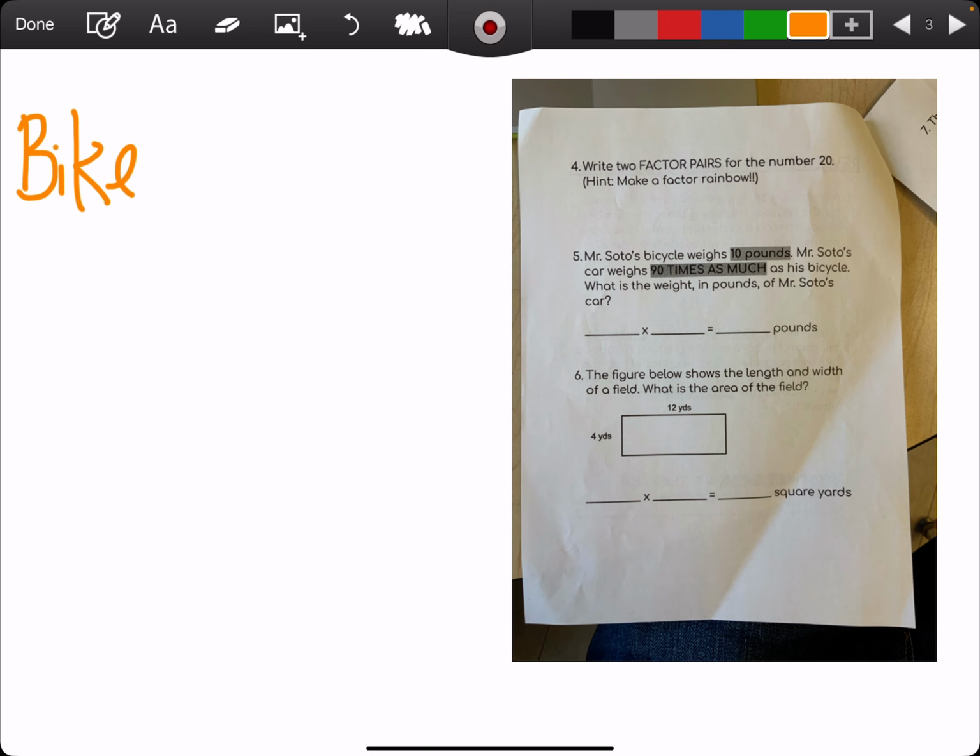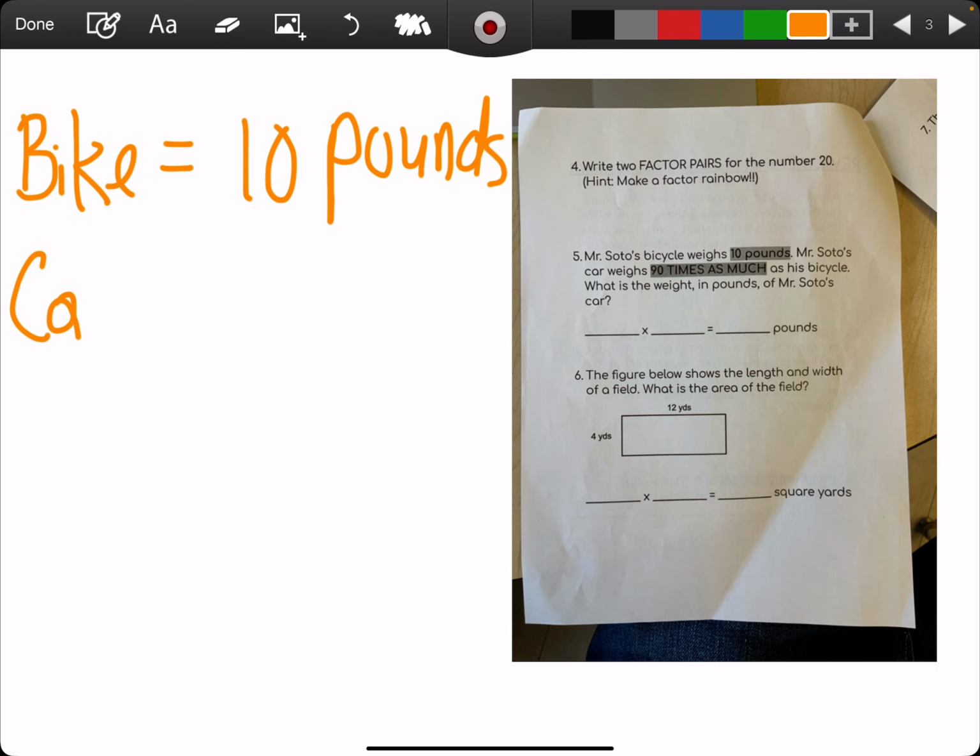The bike weighs 10 pounds. We know that. It says it. 10 pounds. The car, we don't know how much the car weighs. It weighs 90 times as much. So does the car weigh more than the bike? It does. So if the car weighs more than the bike, we know we're not dividing. We know we're multiplying because it says times as much.